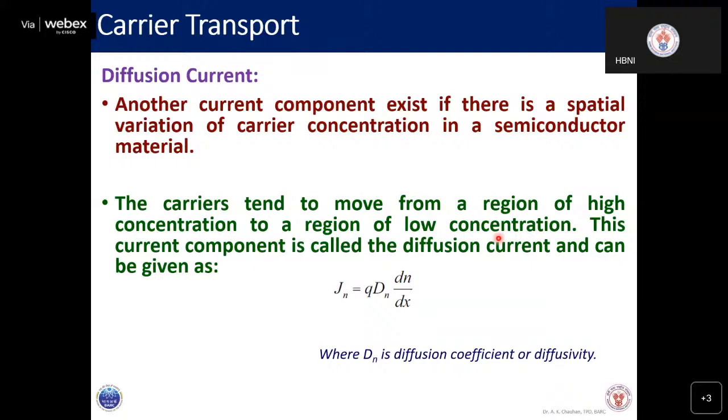This current component is called the diffusion current, and it is given by the diffusion current density, where dN by dx is the gradient of concentration, D_N is the diffusion coefficient, and q is the charge.